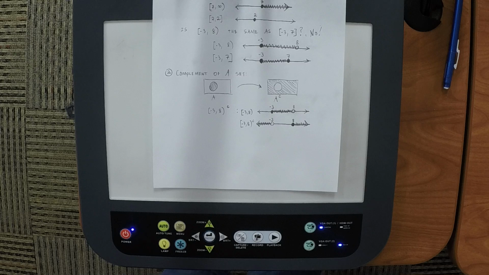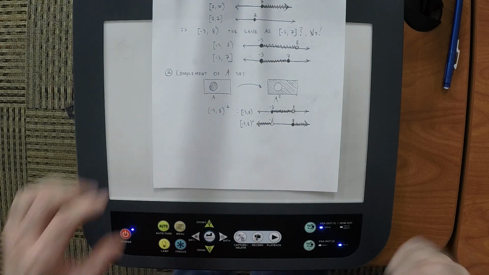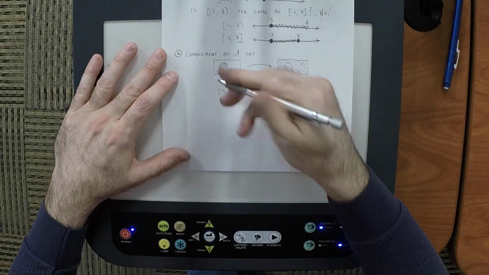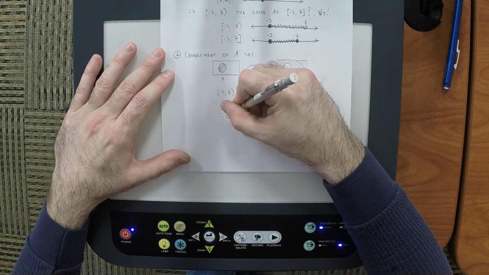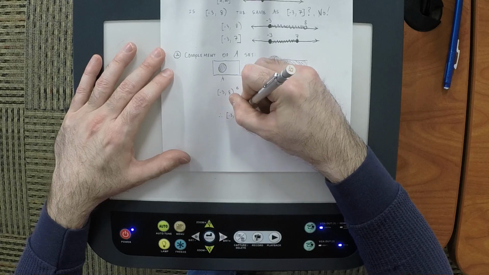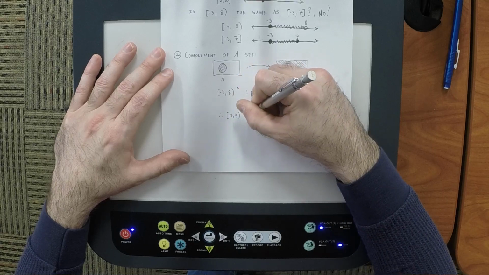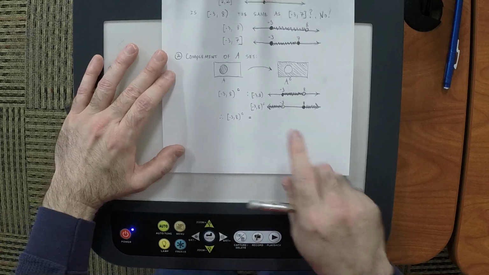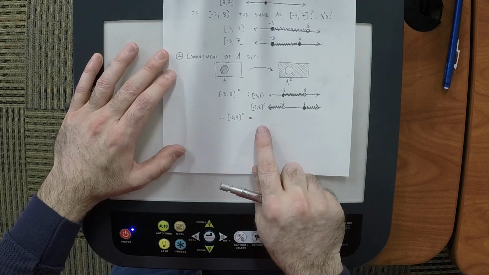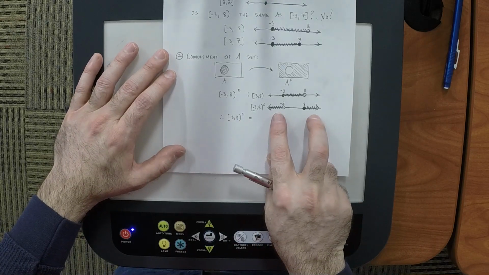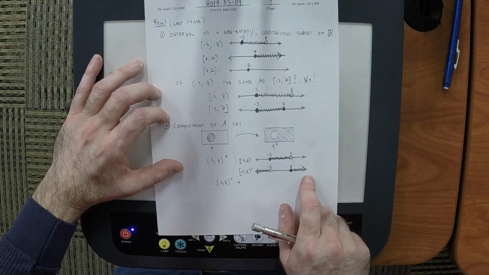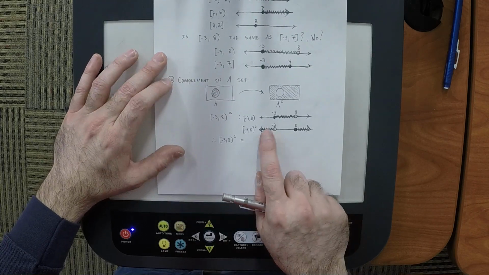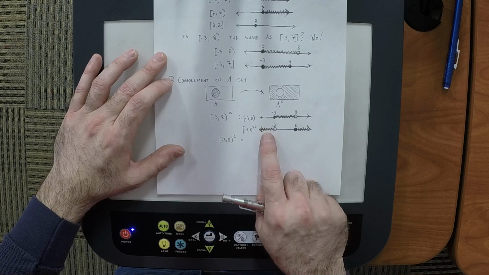All right. So as a result, therefore, -3 to 8 complement really consists of, if we wanted to write it in interval notation, two different pieces, that piece and that piece. Okay, so then how do we write just that piece?